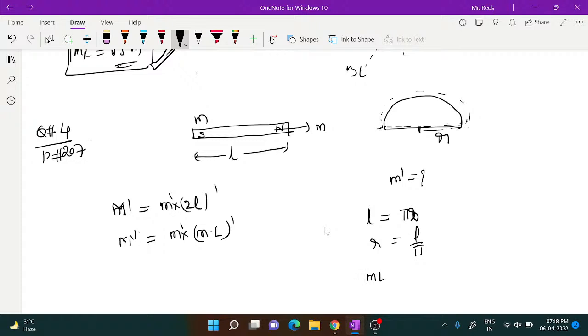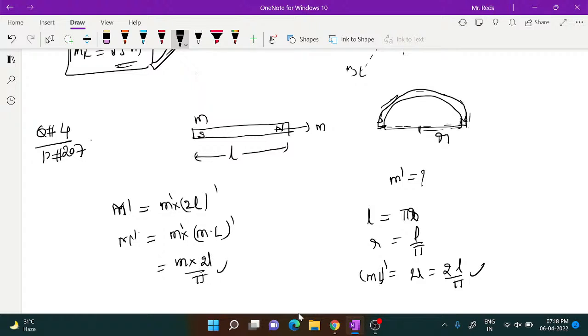So the new magnetic length is 2r, which is 2 into L by pi. The pole strength is not changing, it is the same, because nothing has changed by bending, so it is the same south and north. So it will be M into the new magnetic length, which is 2L by pi.